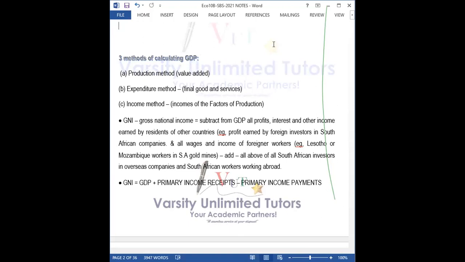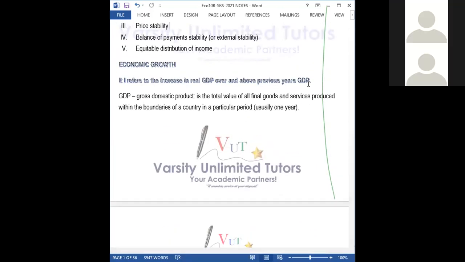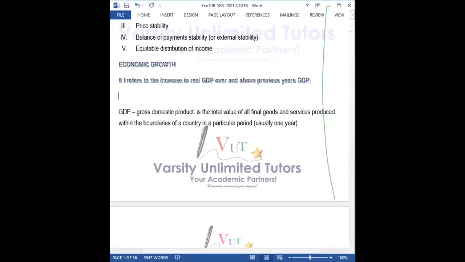So this GDP is the one that we then use to measure the metric that we're referring to as economic growth. For us to have the measurement of economic growth, we use a certain formula: the current year's GDP, minus the previous year's GDP.